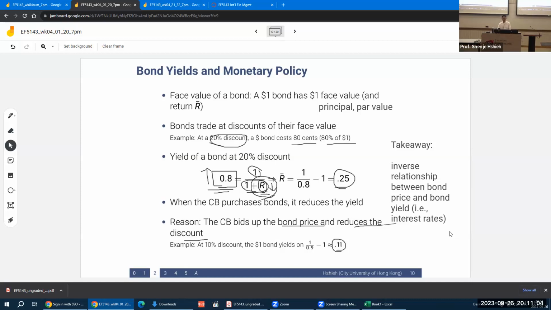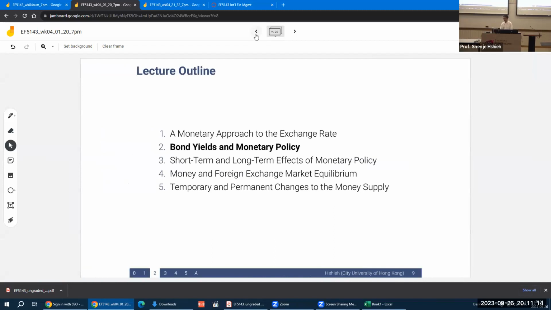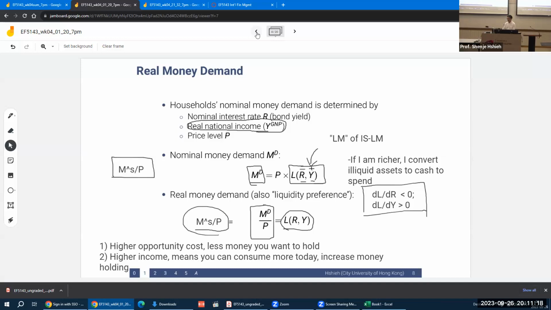All right, comments, questions on elementary bond pricing, how central banks influence bond prices, how real money demand and real money supply are defined?